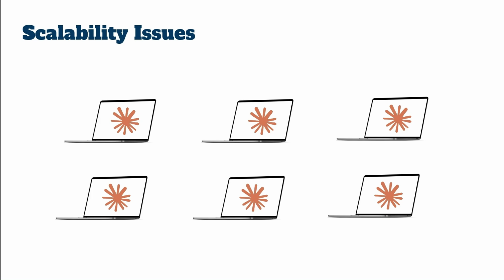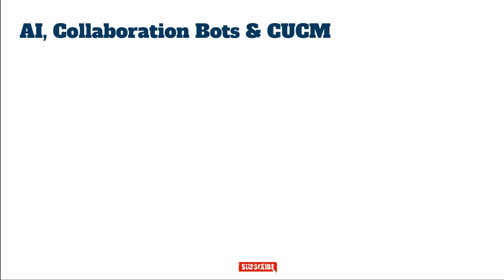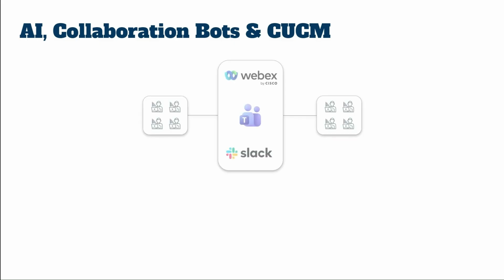Now, in order to get rid of that and other limitations, what we generally want to do is to use the existing tools that are already being used by end users as the official interfaces for the MCP and LLM functionality. For example, organizations already have messaging and collaboration applications like Cisco Webex, Microsoft Teams, Slack, etc. What if we use the same tools and let the users interact with applications like CUCM from within these existing tools?